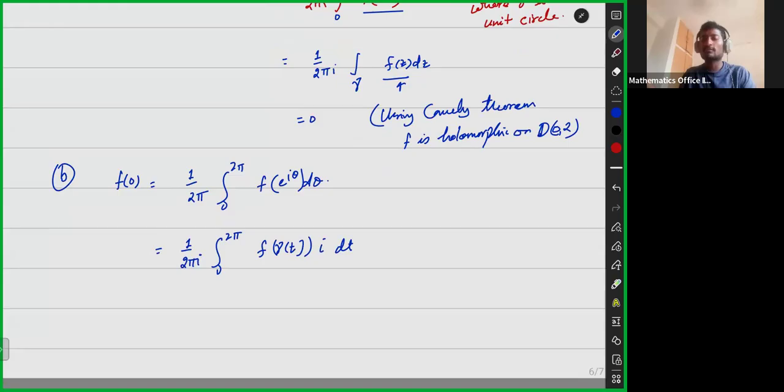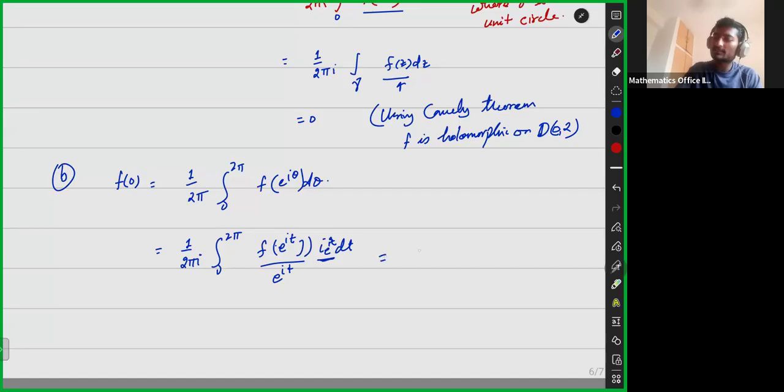What can we do to change our integral into the form of f of z dz? Somehow we have to write gamma prime t, which is i times e power i t. So we multiply and divide by e power i t, with no change till now. This becomes gamma prime.